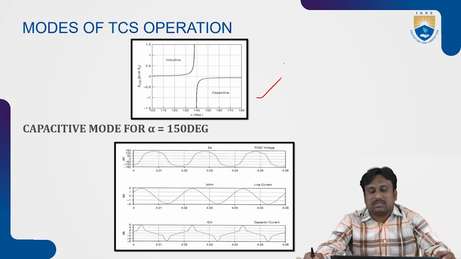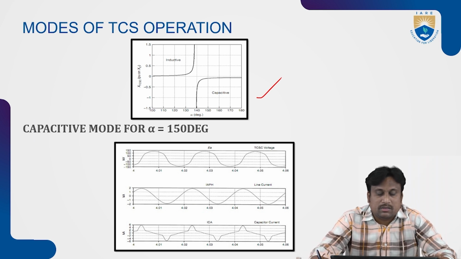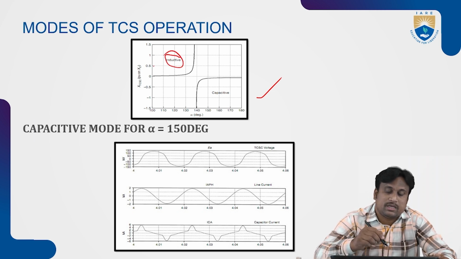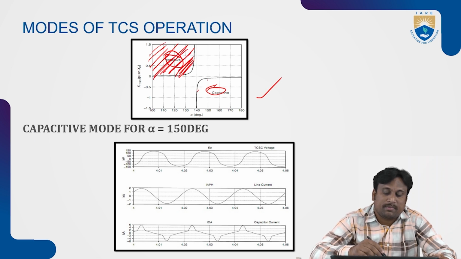So here, when the modes of operation exist, the net reactance versus alpha angle can be drawn as one of the characteristics. This region is inductive in nature, and this region will be capacitive in nature. The graph region containing the inductive nature covers most of the graph, and the capacitive region boundaries are denoted with these conditions.